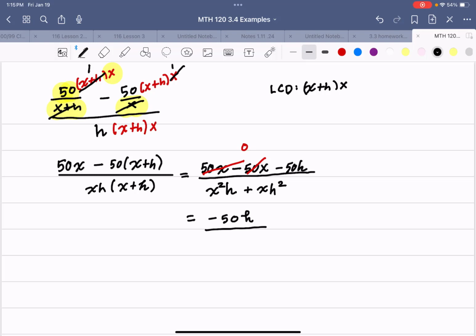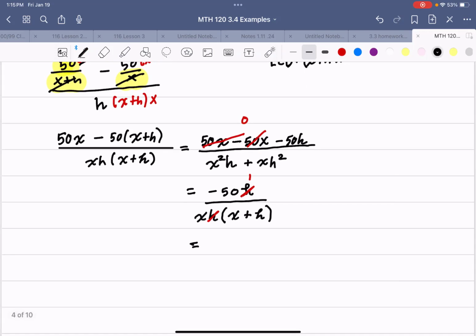They both have an x and they both have an h, so I'm going to factor out the x and the h, and that's going to leave me an x plus an h. Now I'm going to reduce this factor of h. Look, it's a factor there and there. Those reduce to 1. And I end up with a negative 50 over x times x plus h.